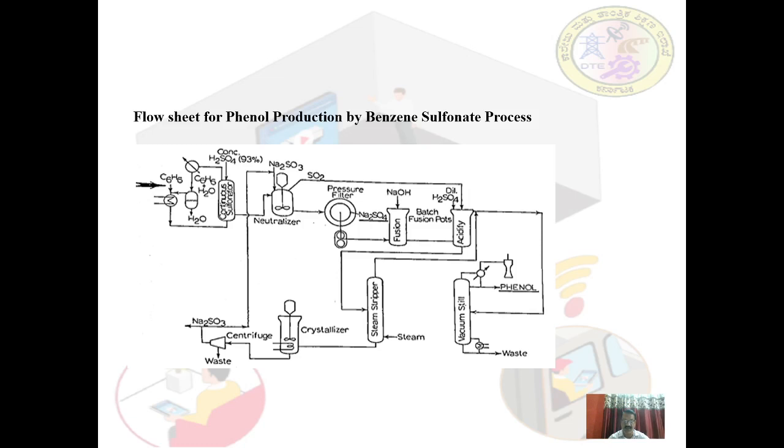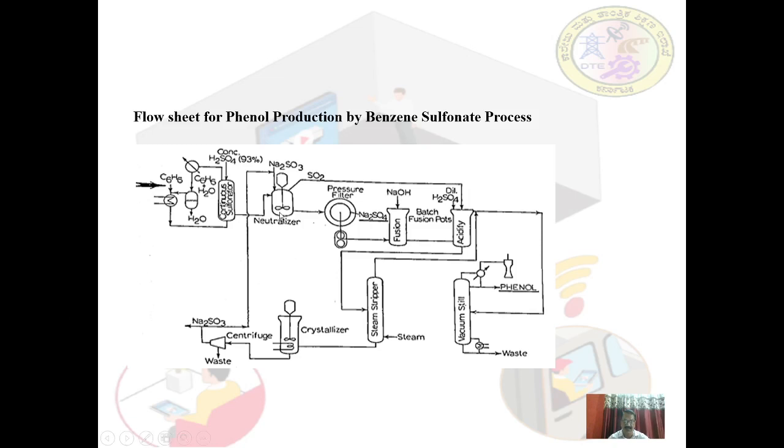The sulfonator is designed so that only a few percent of free sulfuric acid remains before the liquid is discharged to the neutralizer. The neutralization is accomplished by rapidly adding the reactor liquor to a solution of sodium sulfite in this neutralizer.